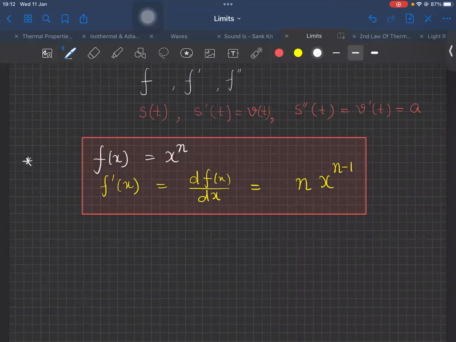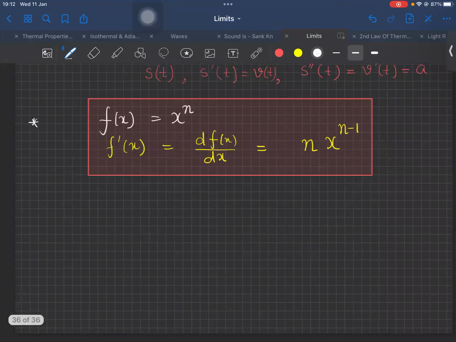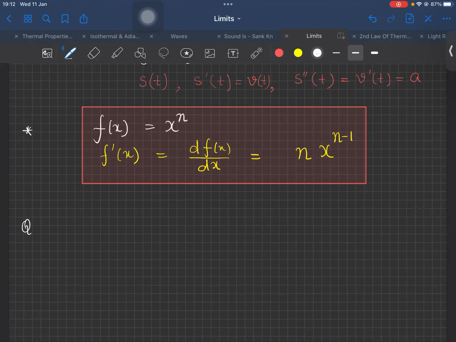All right, we have this much information. Let's solve problems. Question number 1 on derivatives. If y is equal to x to the power of 5, find the derivative dy upon dx, which is equal to what?